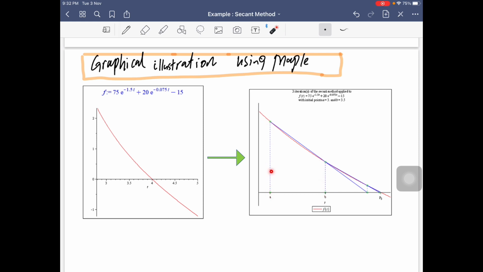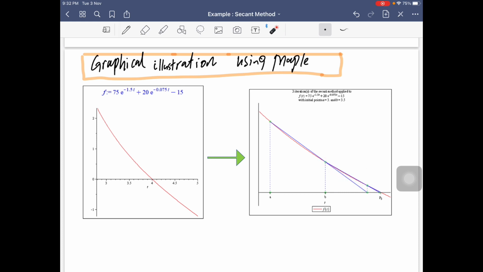Remember when I explained the formulation, this is our secant line. The blue color is the secant line. We calculate by using the secant method, and then we extend or extrapolate this secant until we reach or cross the x-axis. So this is our first iteration, our first root estimation. Then in the second iteration, we have this and this, another secant line.